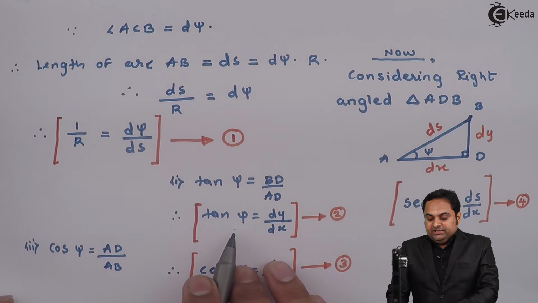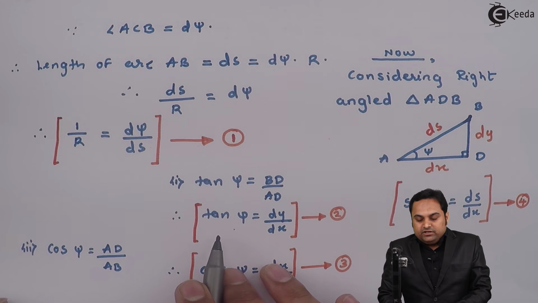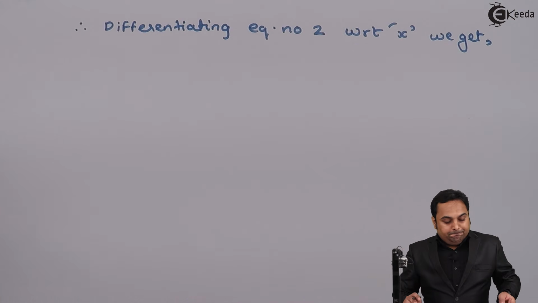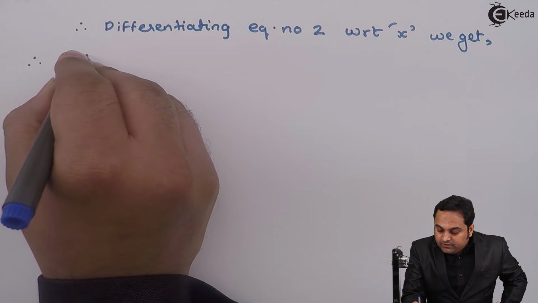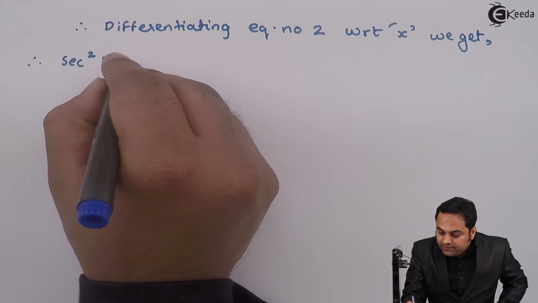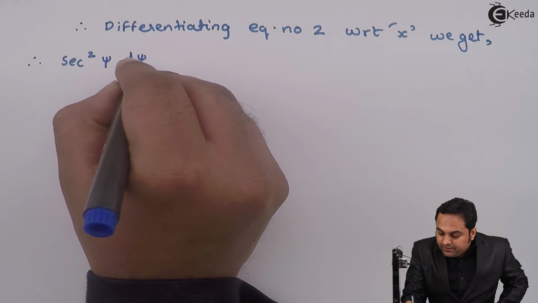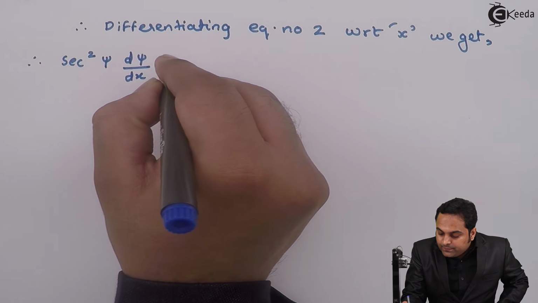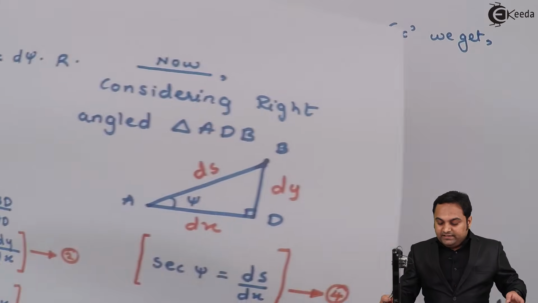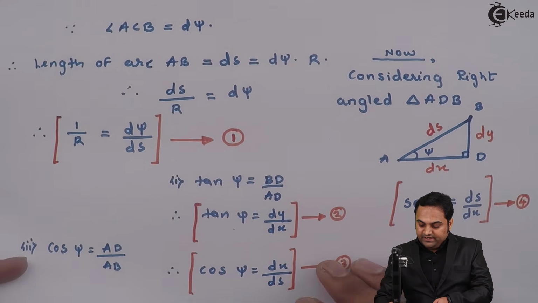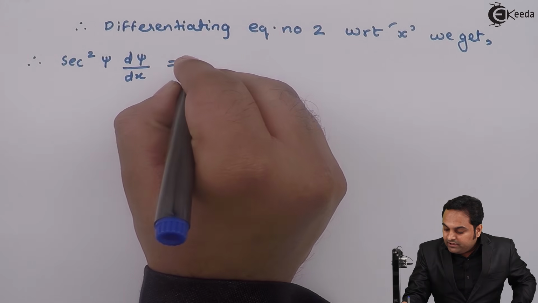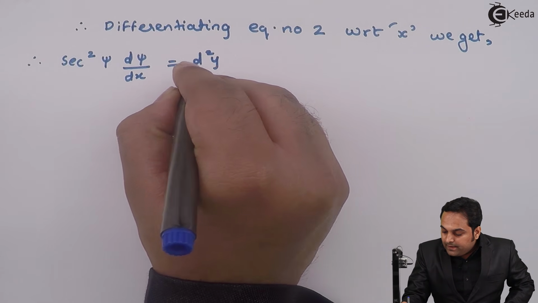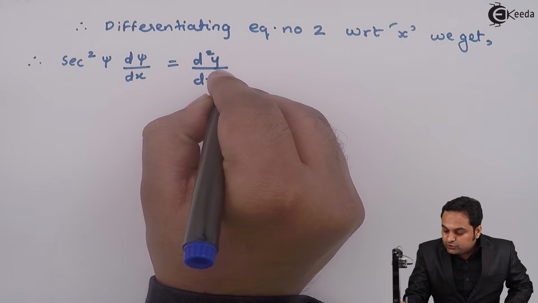So if I differentiate it, it becomes sec square psi. So therefore we have sec square psi d psi by dx is equal to, on the right hand side we have dy by dx. So once we differentiate it, it becomes d square y by dx square.